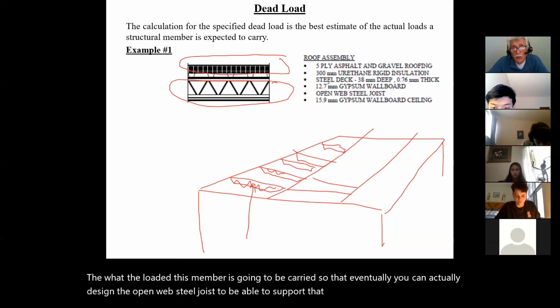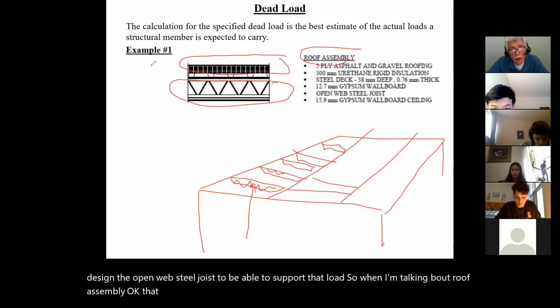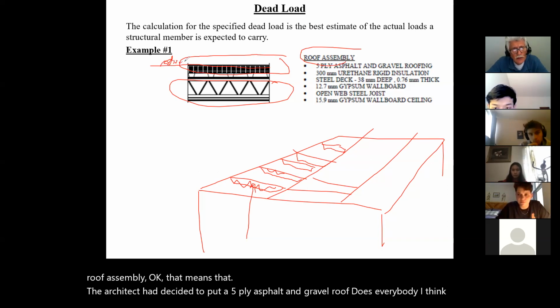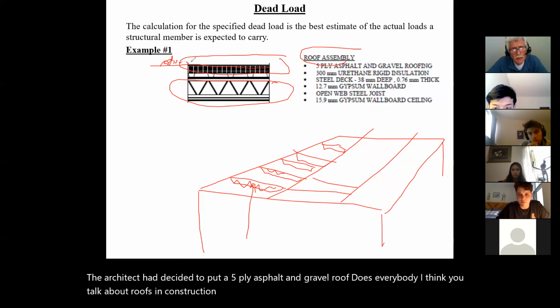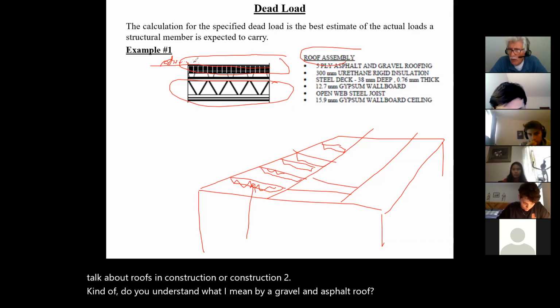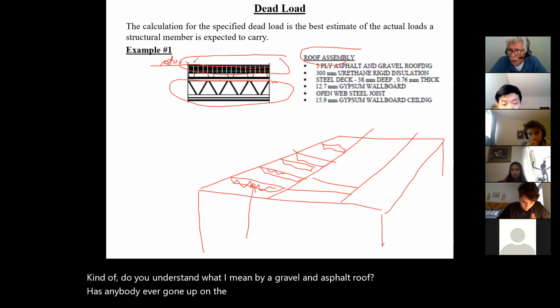So when I'm talking about roof assembly, that means the architect has decided to put a 5-ply asphalt and gravel roof. Did you talk about roofs in construction 1 or construction 2? Do you understand what I mean by a gravel and asphalt roof? Has anybody ever gone up on a flat roof?